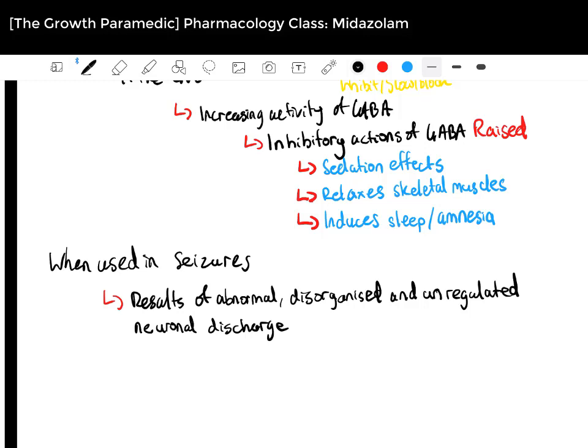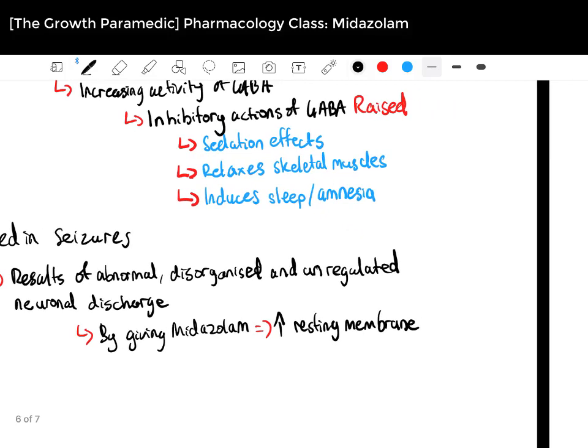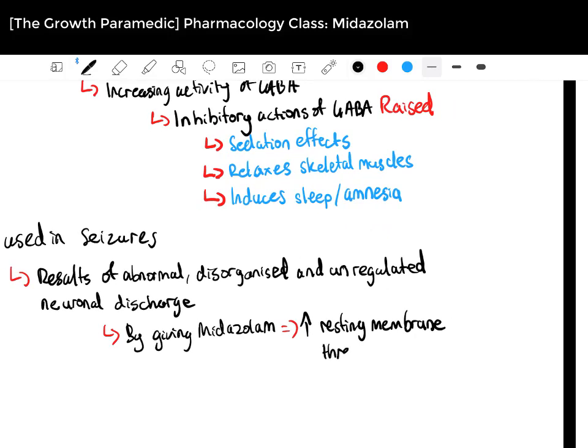So by giving midazolam, that leads to increase, so it's just arrow up, increase in the resting membrane threshold potential gradient.